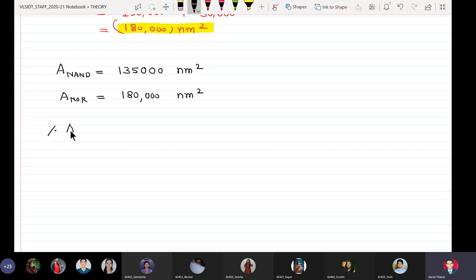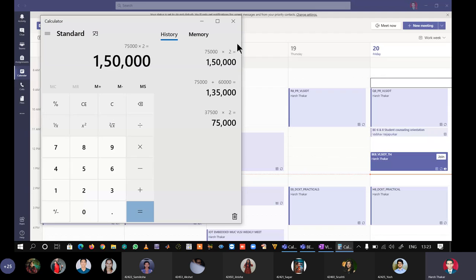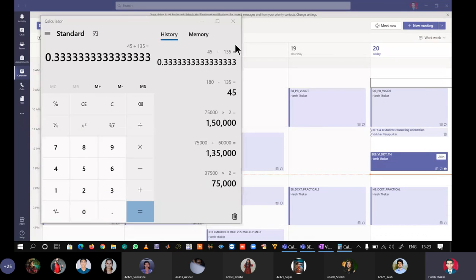So percentage area saving is 180,000 minus 135,000 upon reference, which is NAND gate, 135,000, into 100. So 180 minus 135 upon 135 is 33.33%.